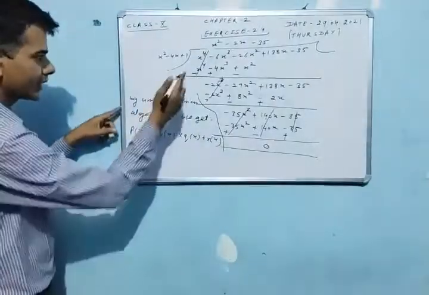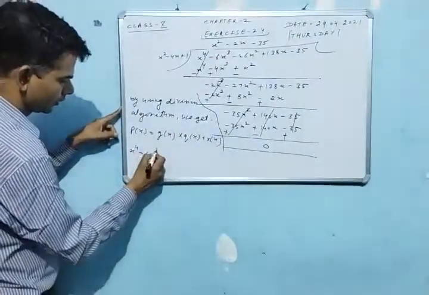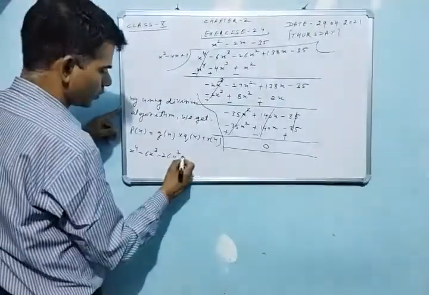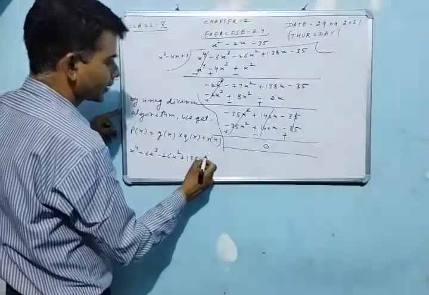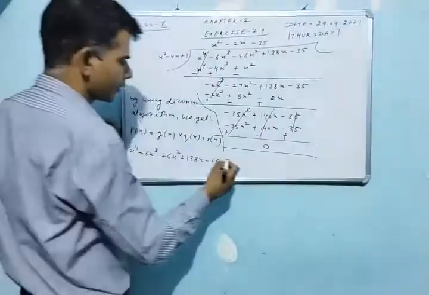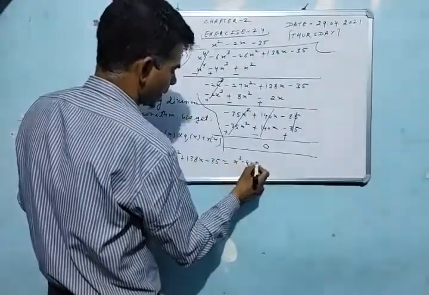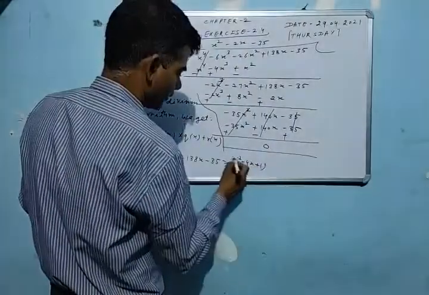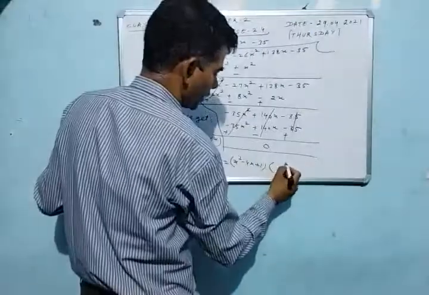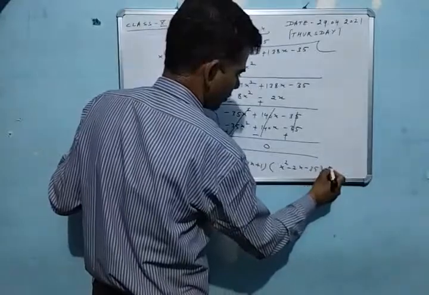Now p of x is x raised to power 4 minus 6x cube minus 26x square plus 138x minus 35, and g of x is x square minus 4x plus 1, and your q of x is x square minus 2x minus 35 plus 0.